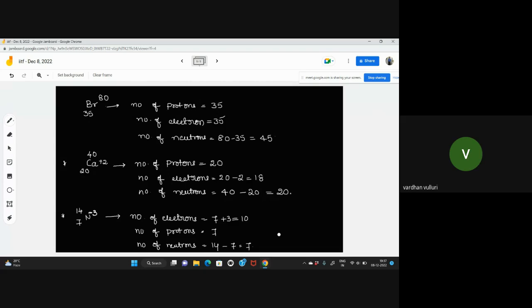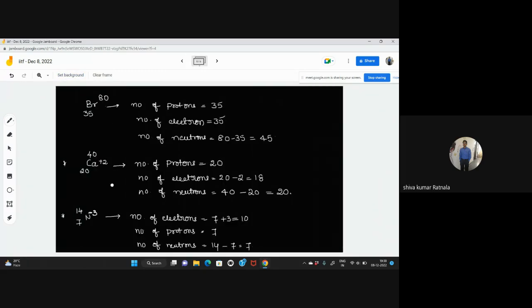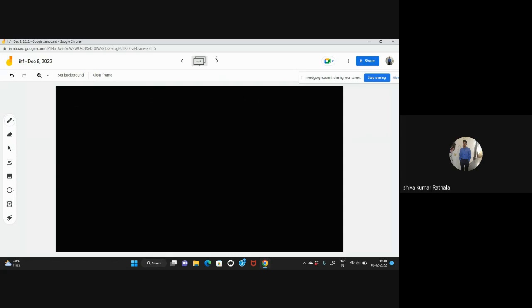Okay, sir. Now that only I'm going to discuss right now. The next point of discussion is, generally we know atomic mass, in these three examples I have written simple whole numbers. But you might have gone through certain elements whose atomic masses we write in fractions, in decimals, like chlorine 35.5. 35.5 means 355 by 10, right?